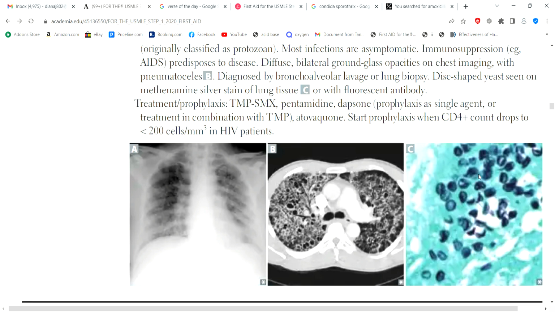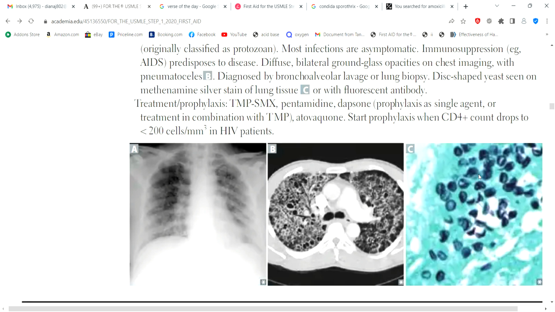So you start prophylaxis when the CD4 count drops to less than 200 cells in HIV patients, which is dapsone. Dapsone is prophylaxis. Now, Pneumocystis jirovecii is an AIDS-defining illness.